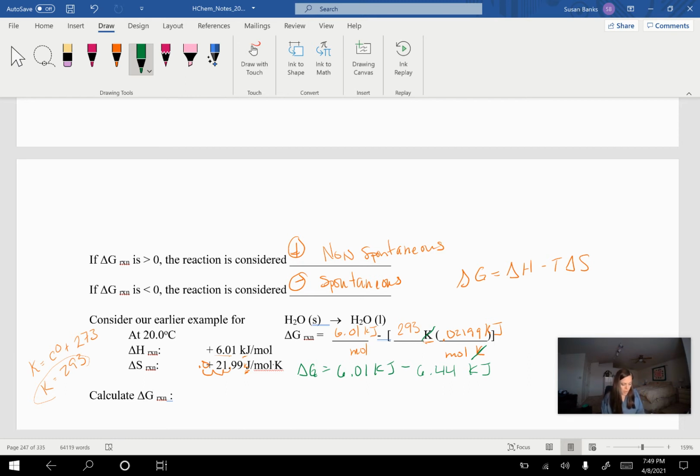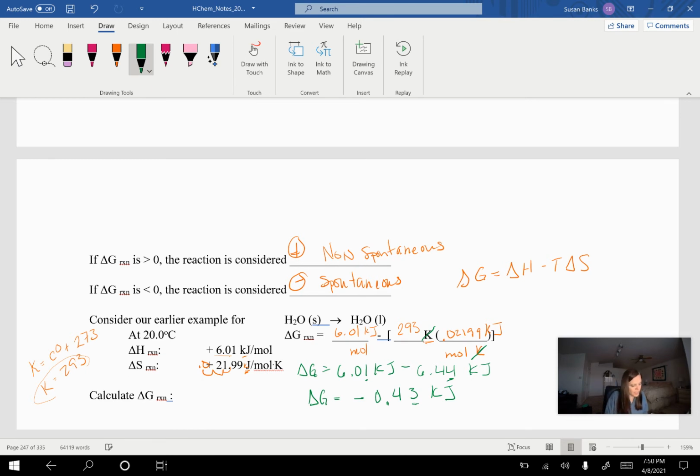So 601 minus 6.44 gives me an answer of delta G being negative 0.43 kilojoules. Okay, now I only did to the 100th because these values only go to the 100th.